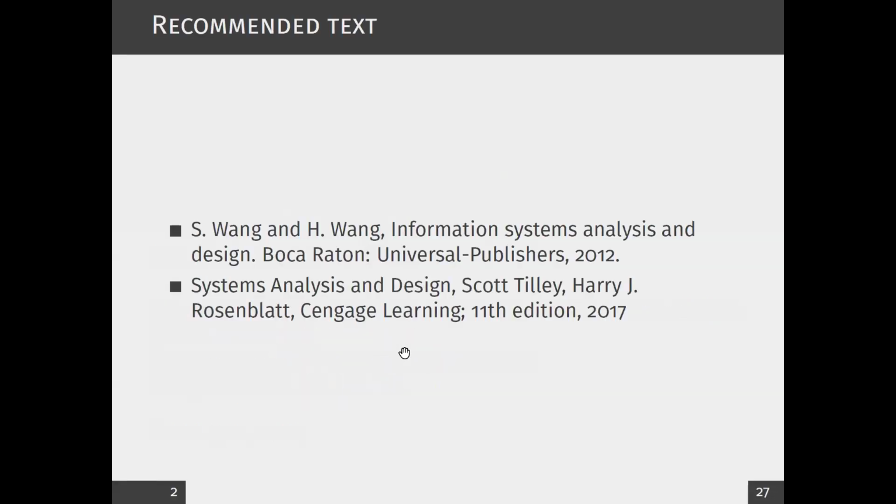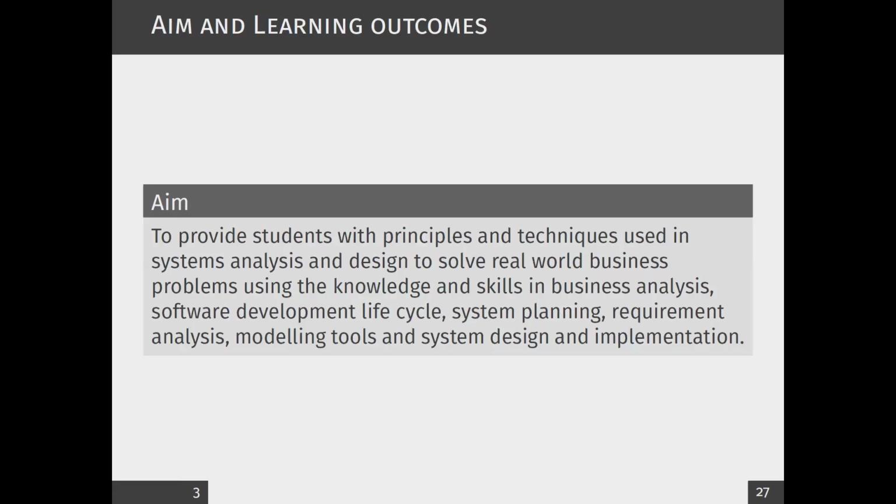Two recommended texts for the module are on information system analysis and design and system analysis and design, the 11th edition by Rosenberg. That's usually what I have used for all my notes. So those who are interested, you can have a look at it.